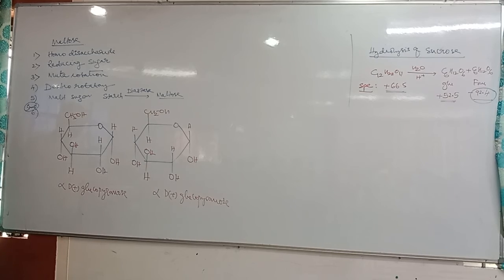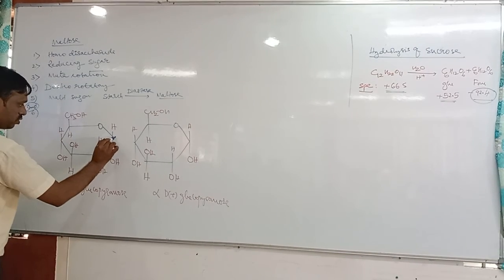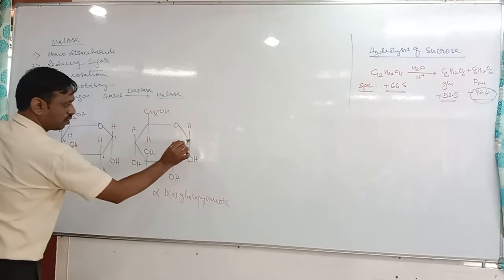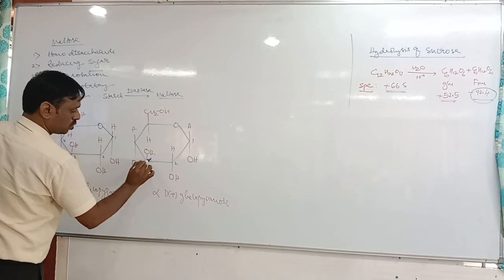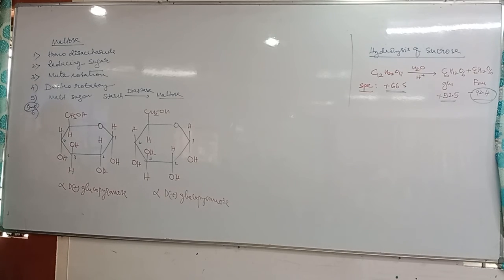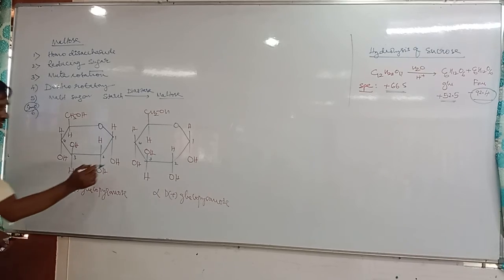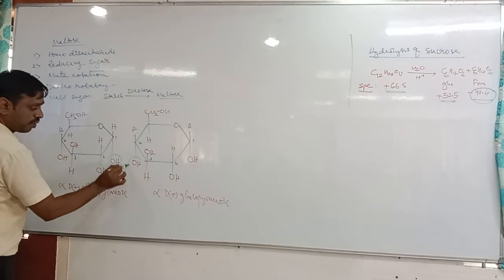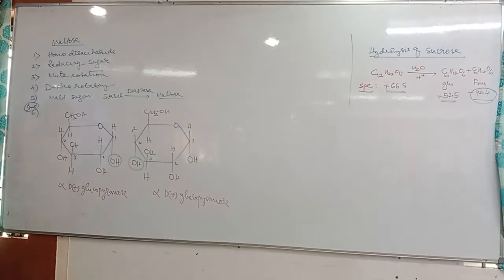Tell me, it is the first carbon, no? First carbon, second carbon, third carbon, fourth carbon: 1, 2, 3, 4. In the formation of a glycosidic bond, which carbon OH interacts? The first carbon OH of one molecule and the fourth carbon OH of another molecule interact with each other.